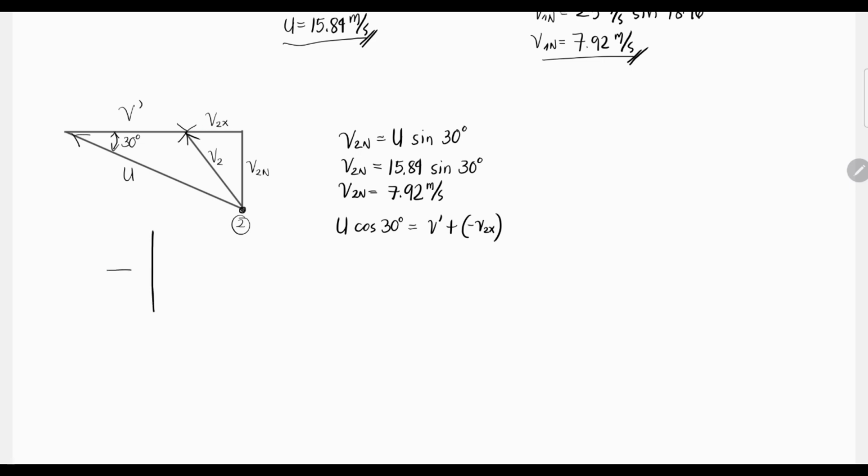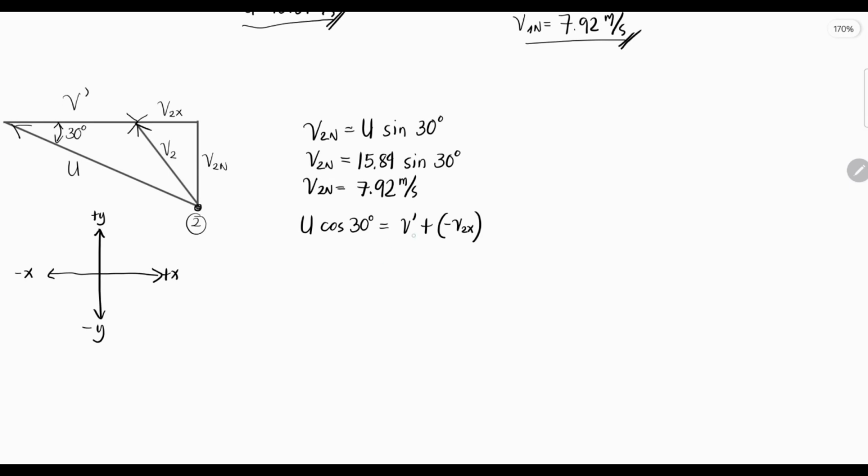So, sa ating coordinate plane, this is positive Y and this is positive X. Therefore, this is negative X and this is negative Y. So, since ang ating V prime ay papunta sa right, so that is positive V prime plus, so ipapag-add natin ito, negative V2X kasi ang V2X natin is towards the left.